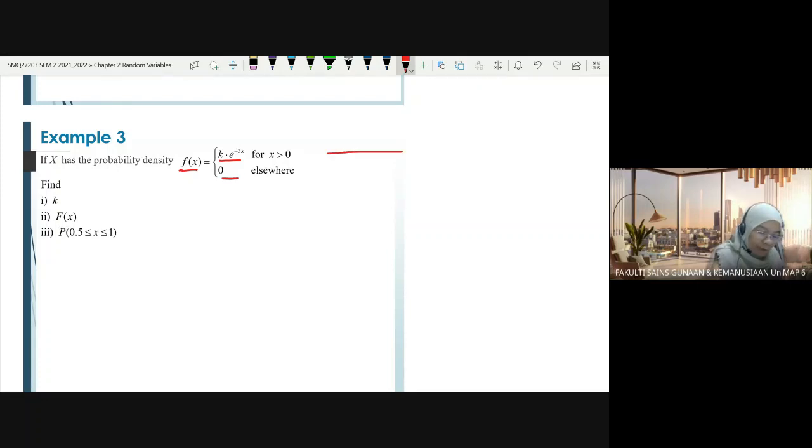If I have the line here, and 0 is here, greater than 0 is given by this function, and elsewhere means that this part is equal to 0. So that's how we understand this particular function.